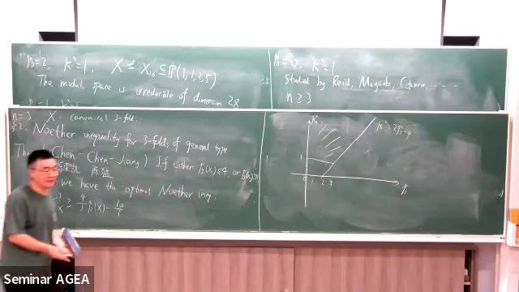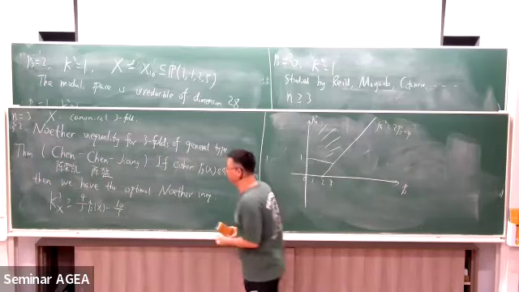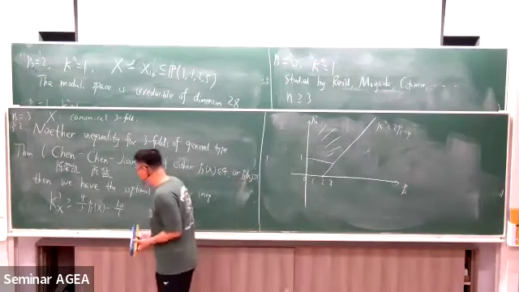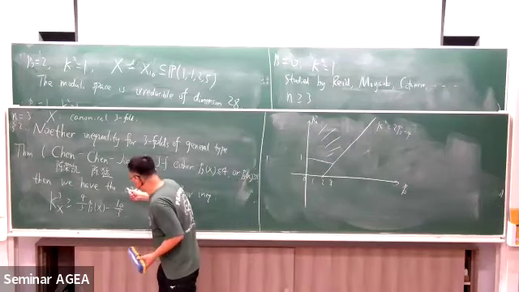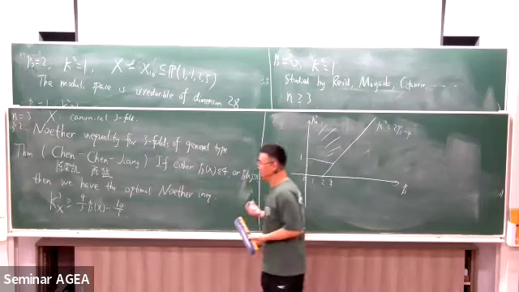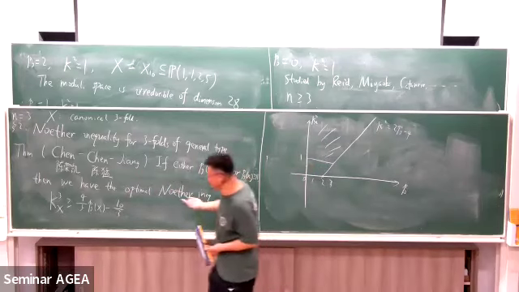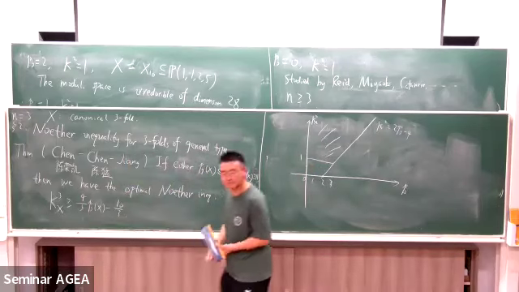The optimal means that you can find infinitely many Pg such that this equality holds.